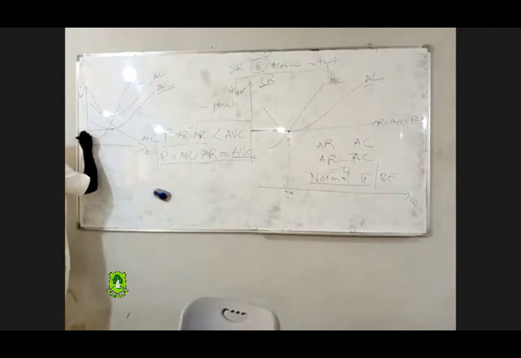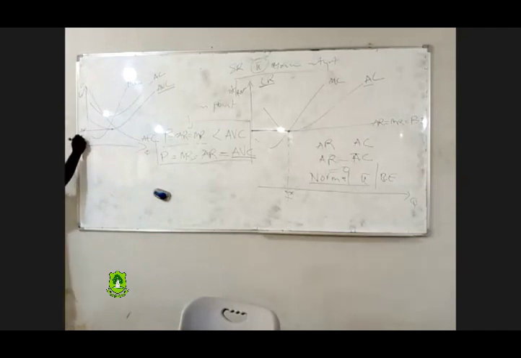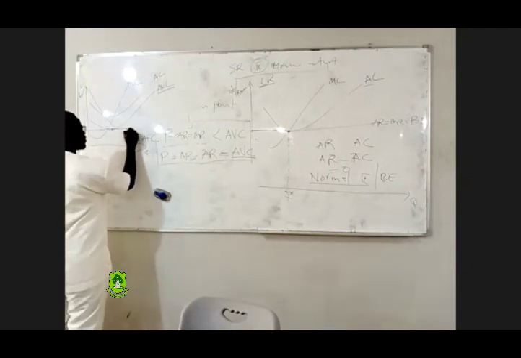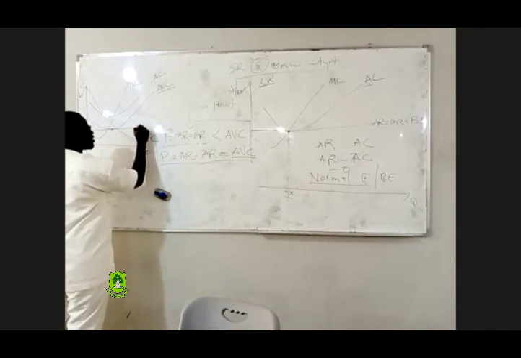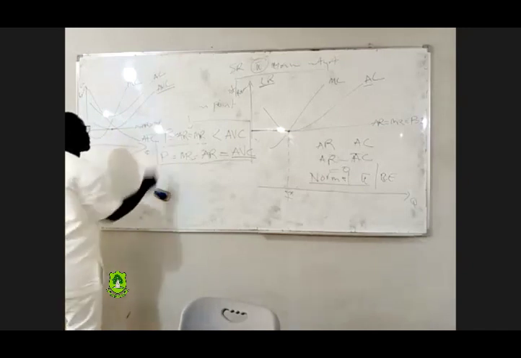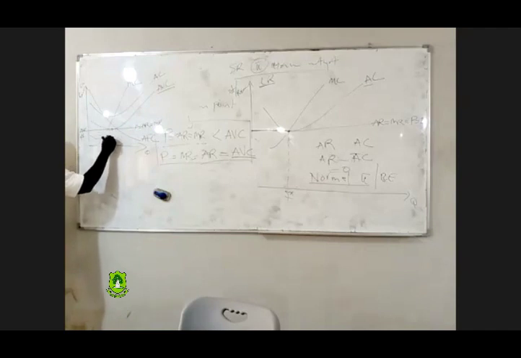Remember I said this is cost or revenue. So this particular point can also represent your price or your revenue. If you trace it like this, here can also be the price, average revenue, marginal revenue and the rest. And this particular output is the shutdown output.